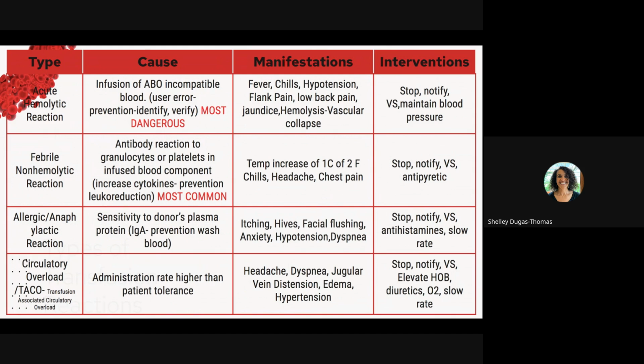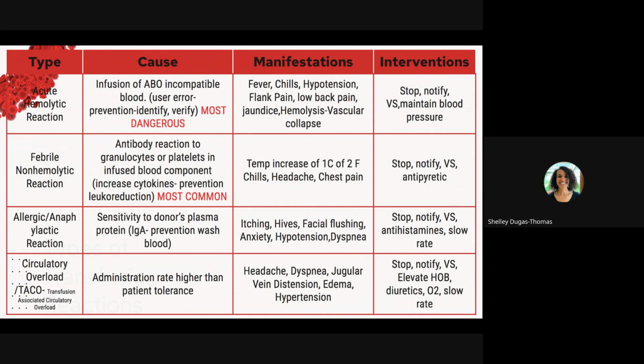You usually see a temp increase of 1 Celsius or 2 Fahrenheit, chills, headaches, and chest pain. You will always want to stop the transfusion immediately, notify your provider, get vital signs. The other one that we'll discuss is the acute hemolytic reaction, which is caused by an infusion of ABO incompatible blood.